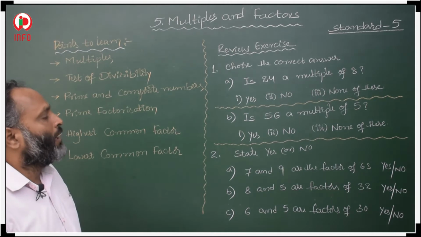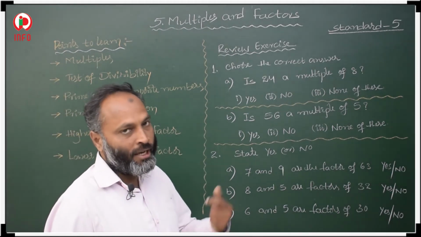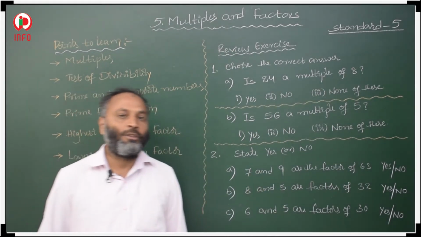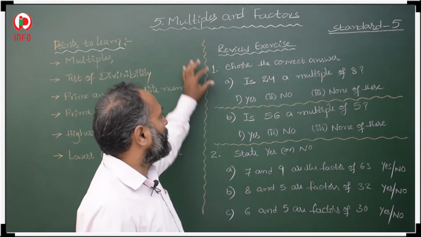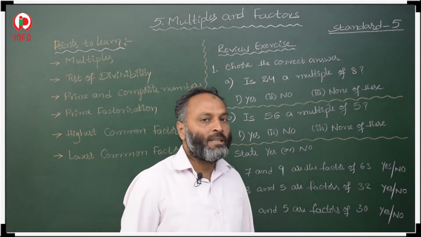Okay. Now before entering into the chapter, we again recapitulate what you discussed in 4th class. In the review exercise, the first question says, choose the correct answer. We have to select which one is correct.